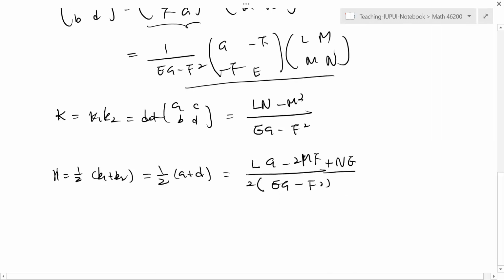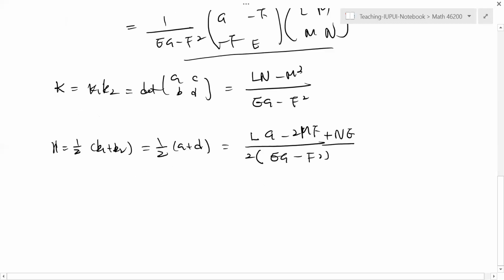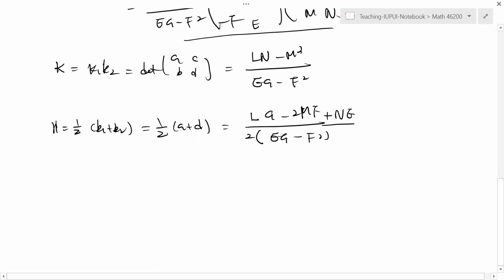Now, in the last class, we discussed how to construct a surface of constant Gauss curvature. Today we're going to focus on the constant mean curvature, the surface of constant mean curvature. Actually we are going to solve the problem for both.